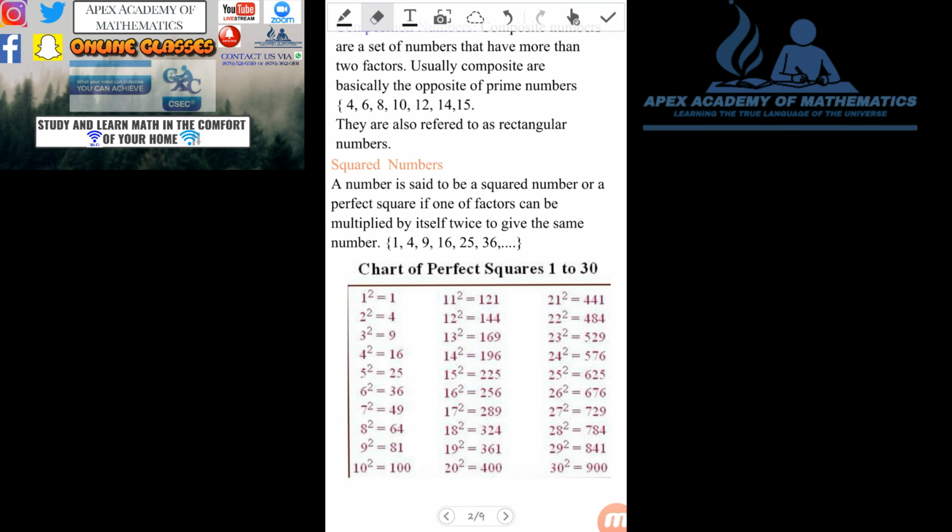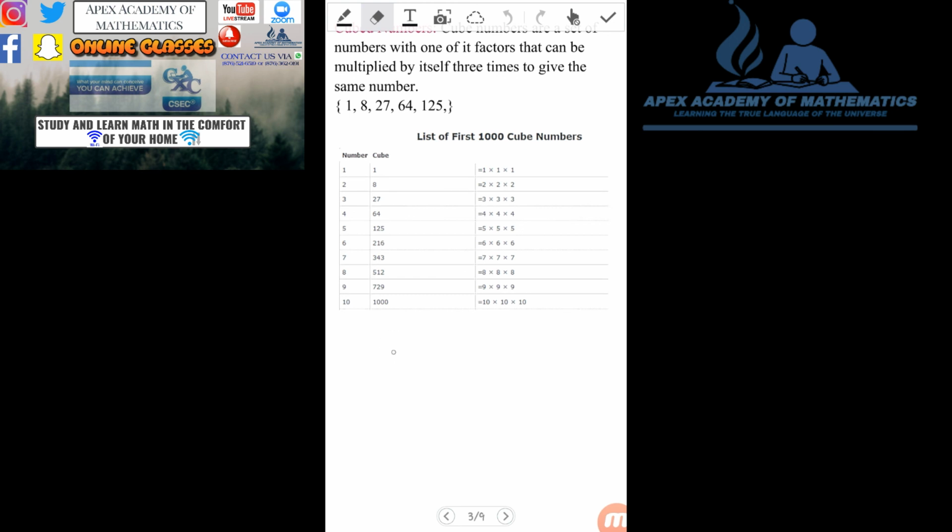All right, so let's see if we can find another number. Let's take a look at the number 81. We know that, of course, 9 squared is equal to 81. But we know that 9 is actually 3 times 3, and that is also squared.